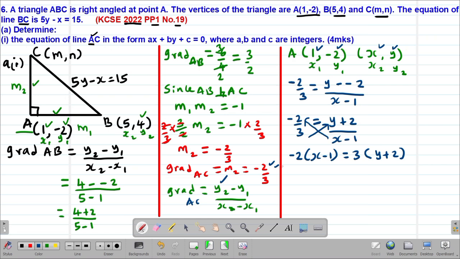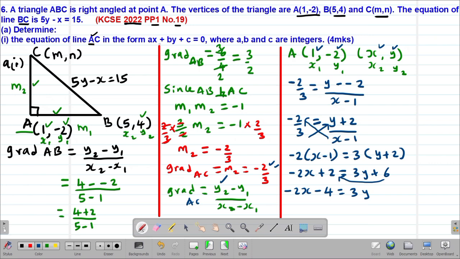Now if I open brackets, I end up with negative 2x, then negative negative gives a positive 2, being equal to 3y plus 3 times 2, which gives a positive 6. Therefore, I'll take 6 towards the left hand side, so that I end up with negative 2x, and 2 minus 6 gives negative 4, being equal to 3y.